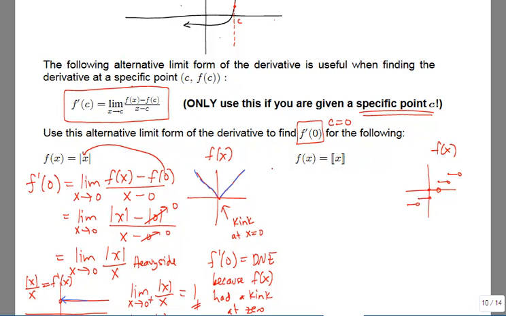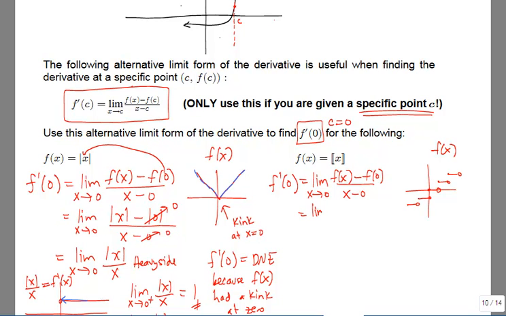And we are being asked to find this derivative at 0. So I'm going to let c be 0 in this formula. According to this new limit definition, f prime of 0 will be the limit as x approaches 0 of f of x minus f of 0 over x minus 0.